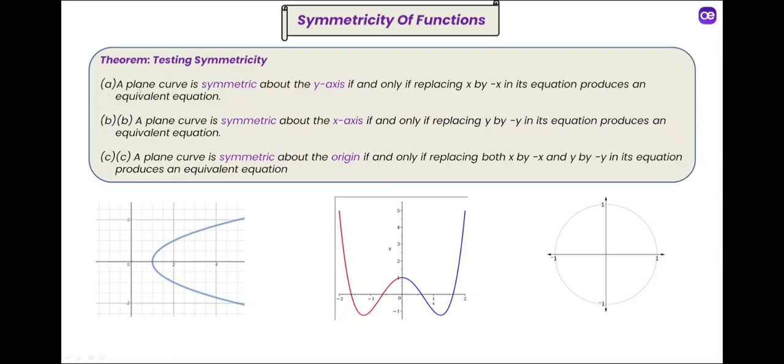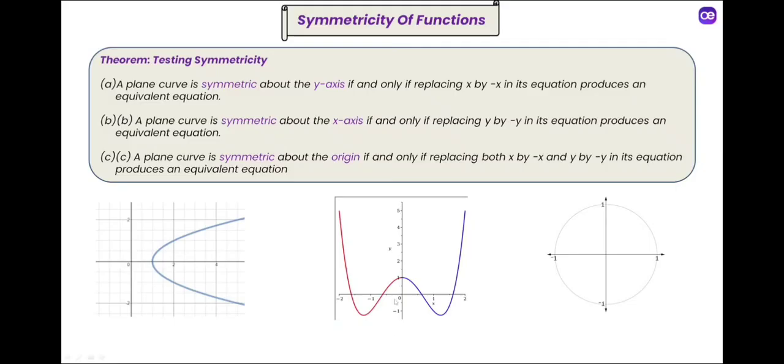First one. A plane curve is symmetric about the y-axis if and only if replacing x by minus x in its equation produces an equivalent equation. It means a plane curve is symmetric about the y-axis. It means you should observe the two sides of the y-axis. Look at this graph.